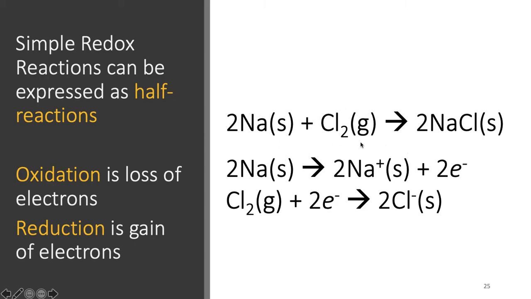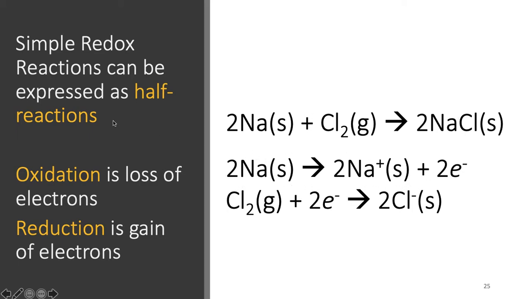Anything that appears in its elemental form, such as sodium or chlorine, has a zero charge. They are neutral atoms, neutral elements, and therefore they're not charged, so they have a zero. Sodium, for example, is going from a zero charge to NaCl, which is a +1 charge over here.